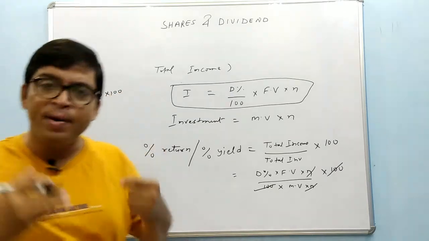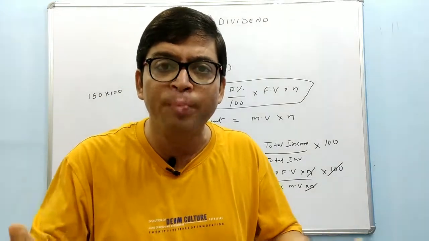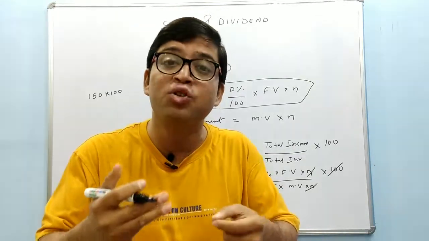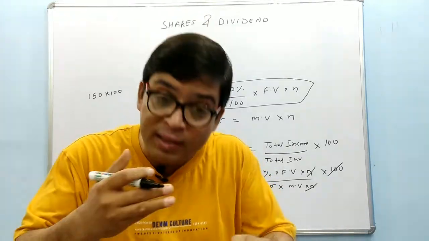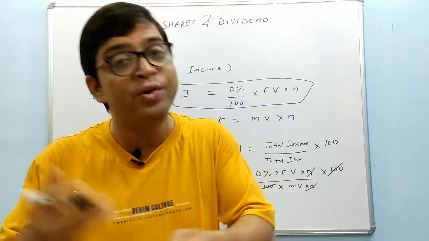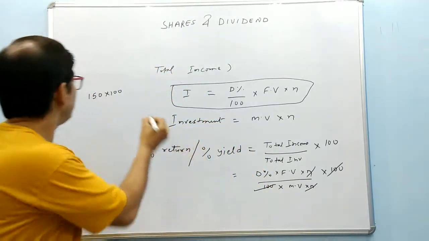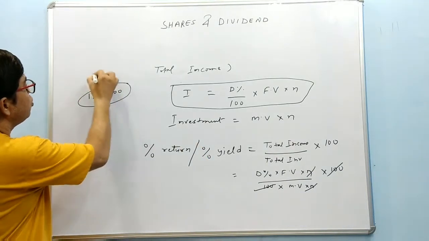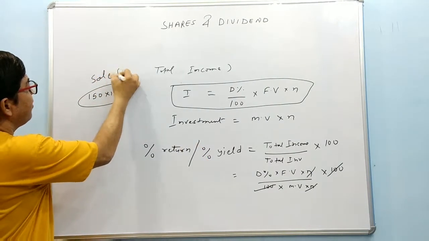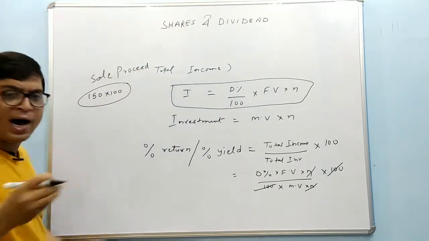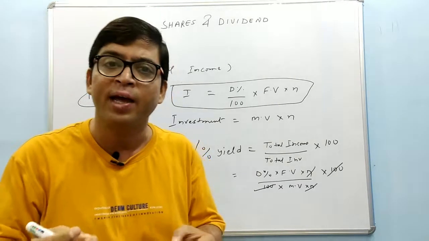So that money is coming to me and that money is known as sale proceed that I will be investing somewhere else. So what is actually sale proceed? Sale proceed is the total money we are getting on selling.